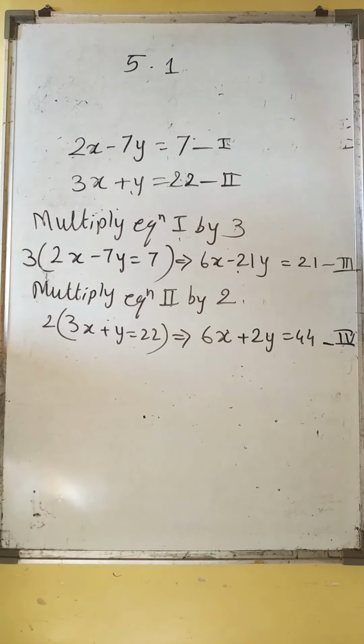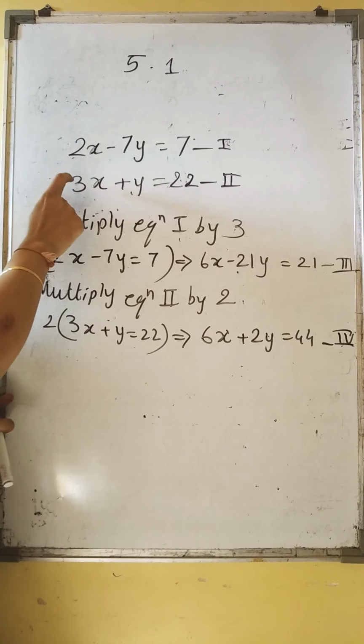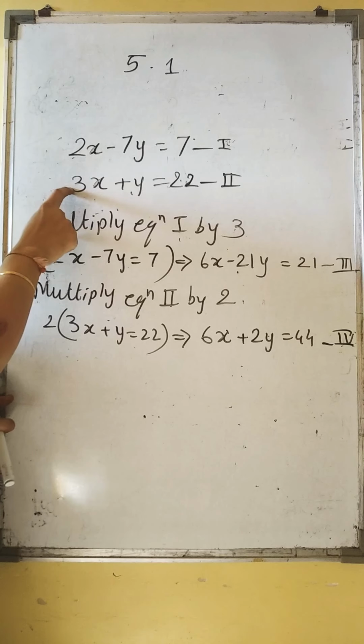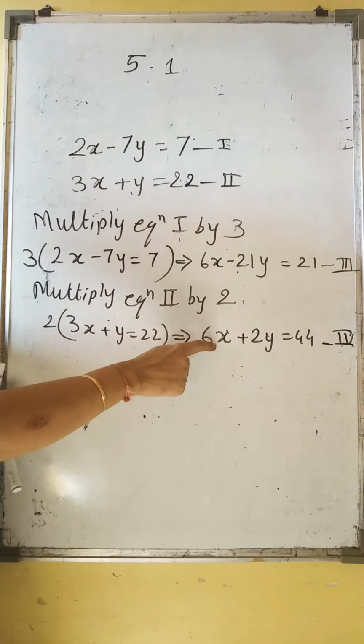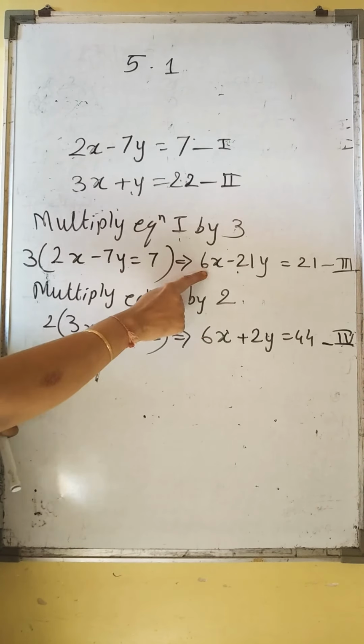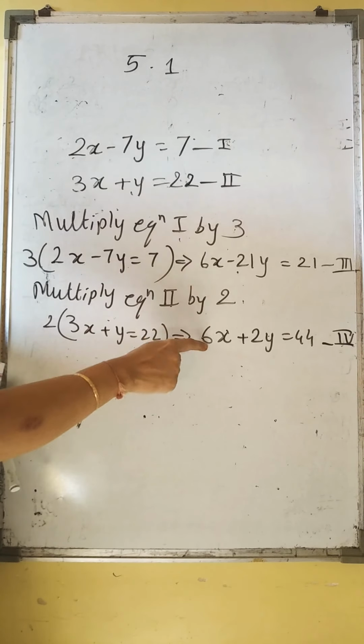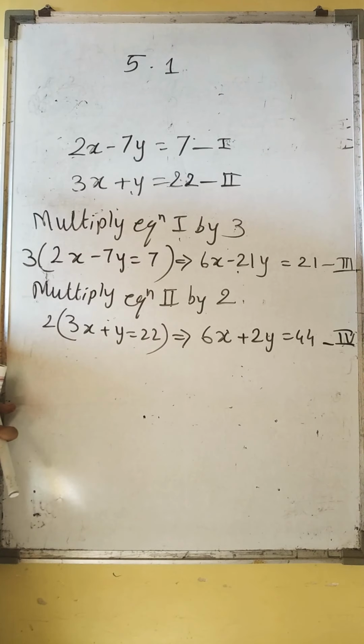If I wanted to eliminate that only, you need to multiply this equation by 2. So 3 2s are 6, and you have to multiply this by 3. So this becomes also 3 2s are 6. तो दोनों का कोएफिशिएंट 6 हो जाएगा. You can observe here. Okay? Is it clear?